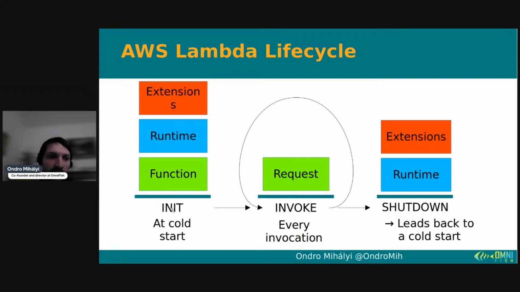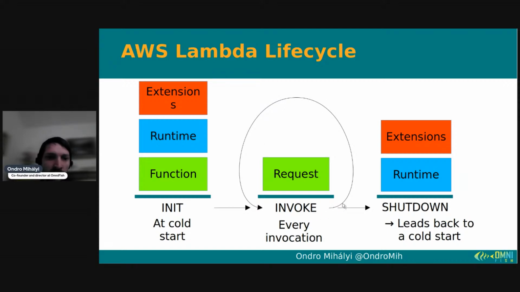So this initialization and shutdown is what needs to be done in order to make it possible that the function scales to zero, so that when we don't have any work for it, we don't have to pay for it, and there are no resources consumed. There is an optimization that it doesn't happen for every request.